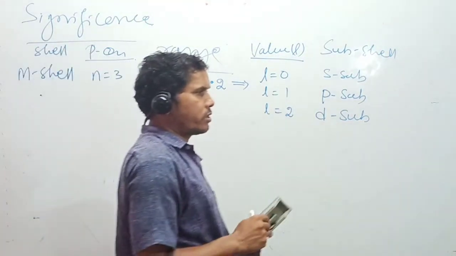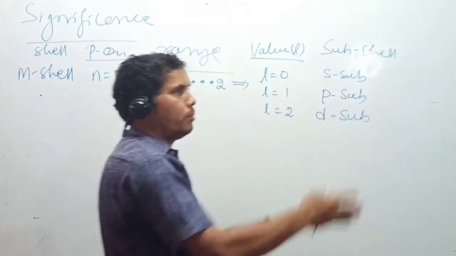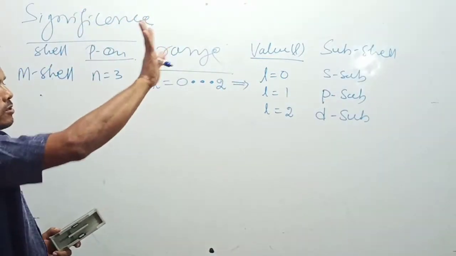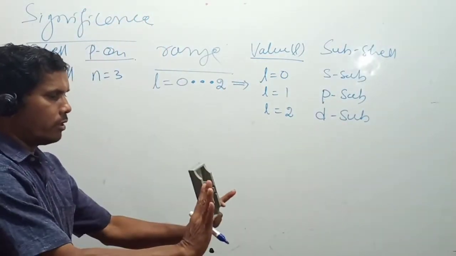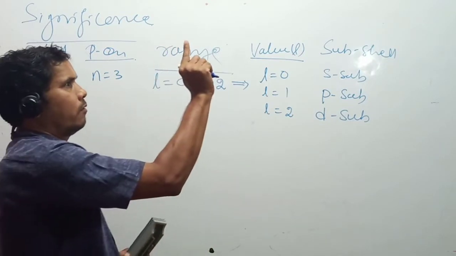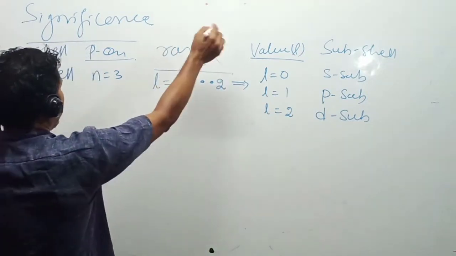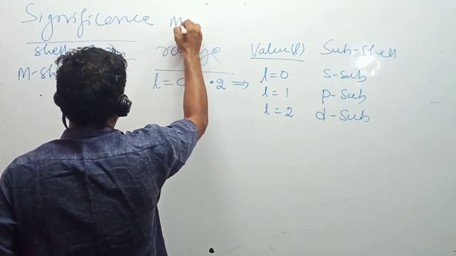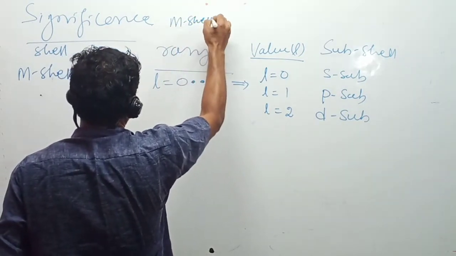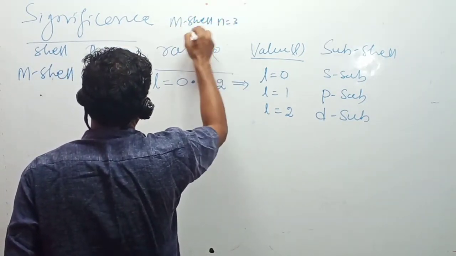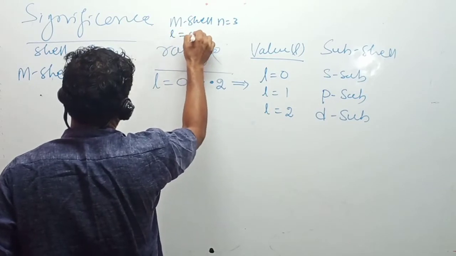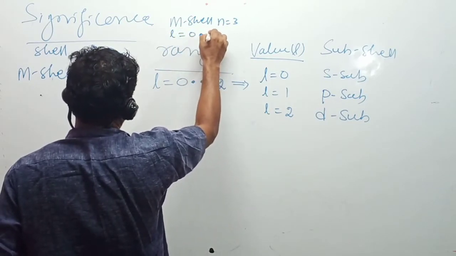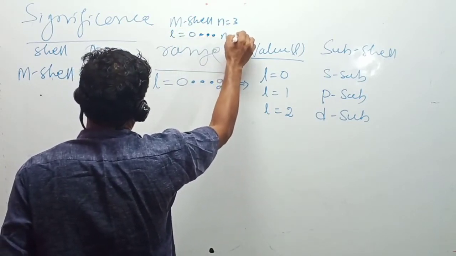Think of the room where you are sitting, let it have 2 partitions. Whenever you are entering into the room, this labeling is mentioned on the door: n cell, n equal to 3, L ranges from 0 to n minus 1.